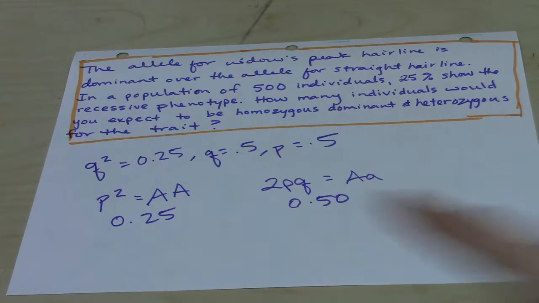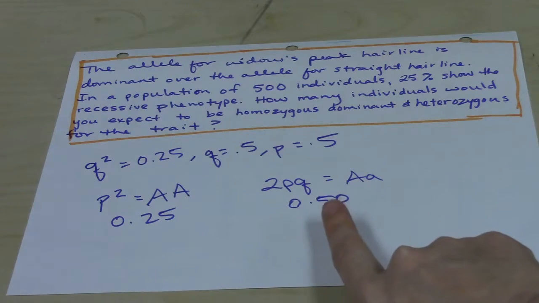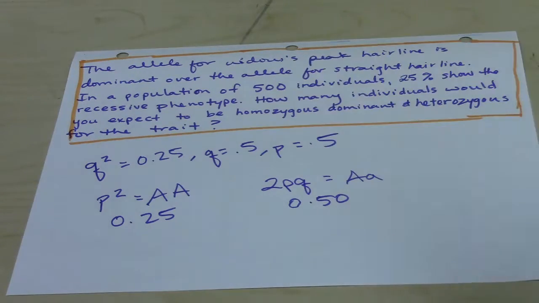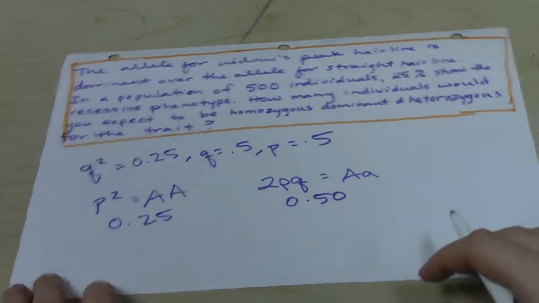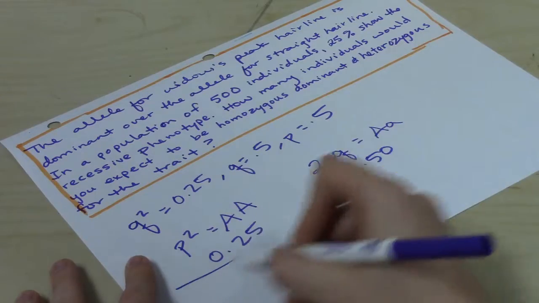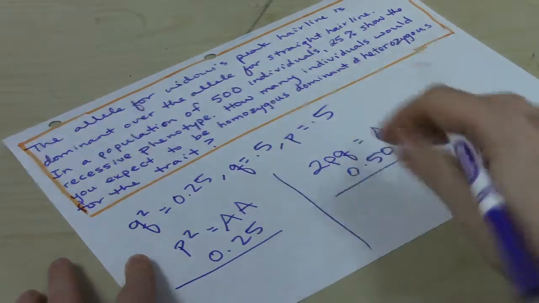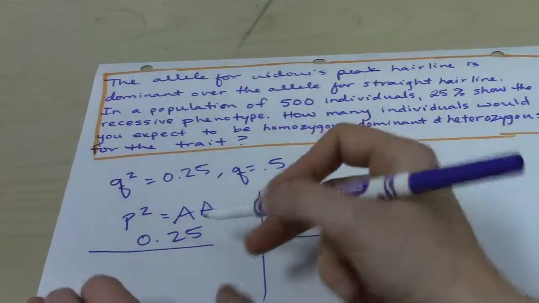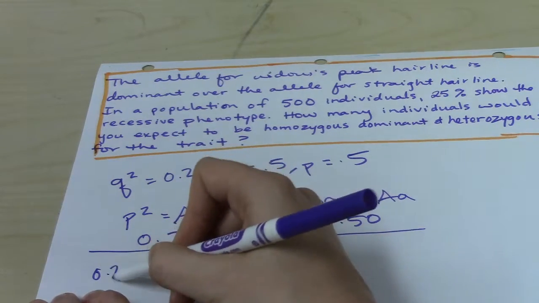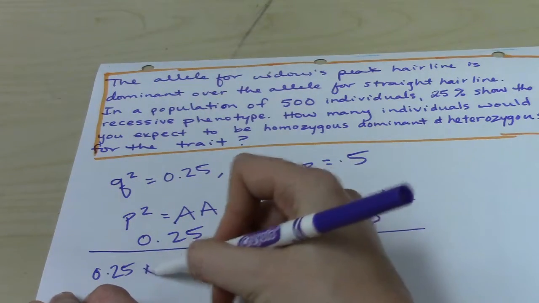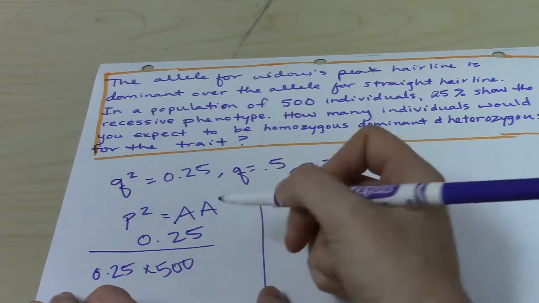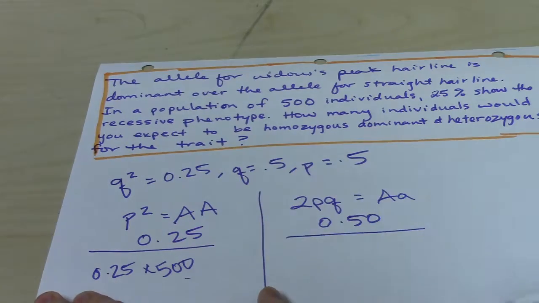So now we have to use these percentages and apply them to the number of individuals in the population, 500, to find out how many individuals would have each of those genotypes. So we want to do 0.25 times 500, 25% of 500.